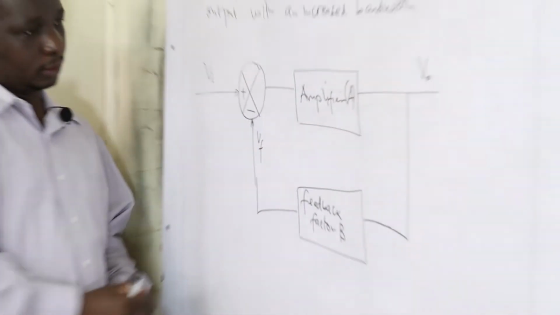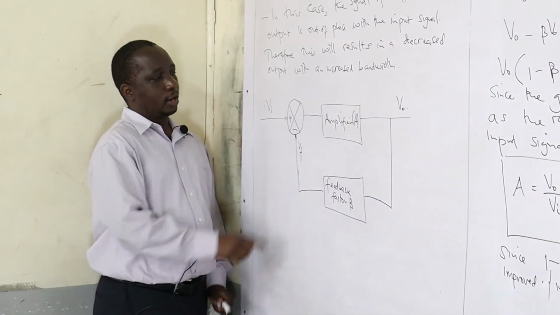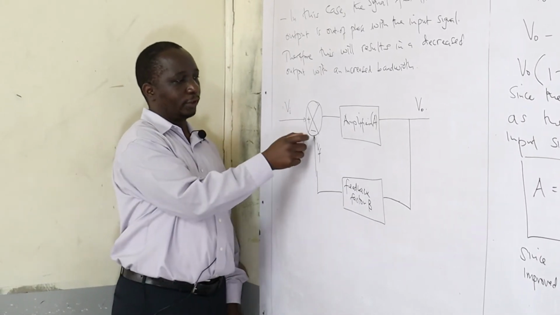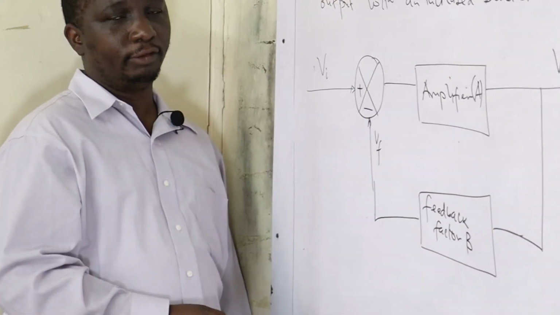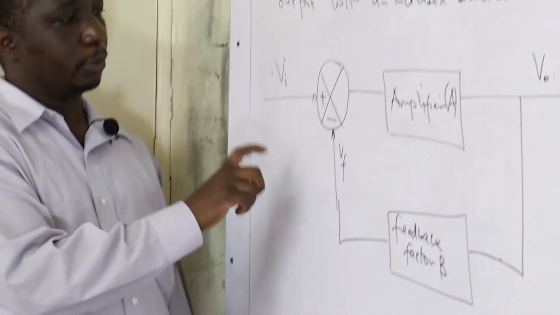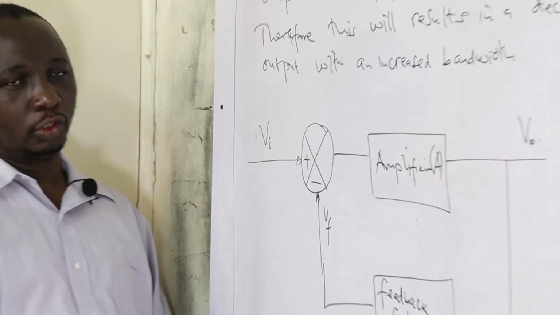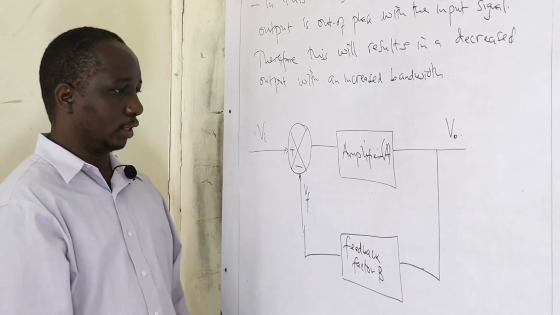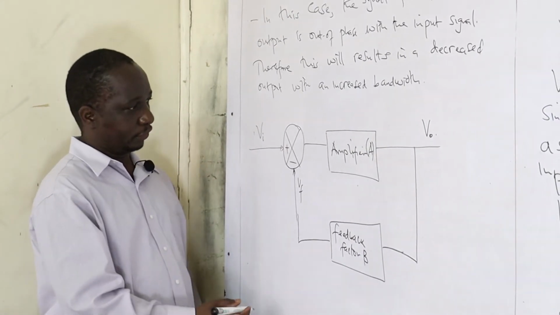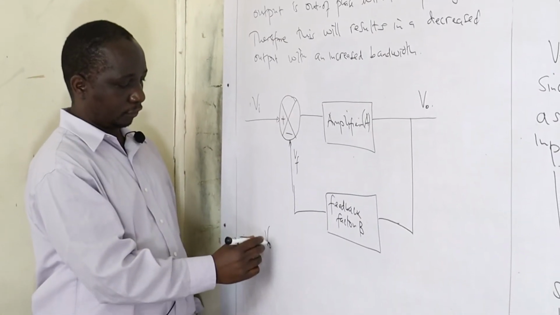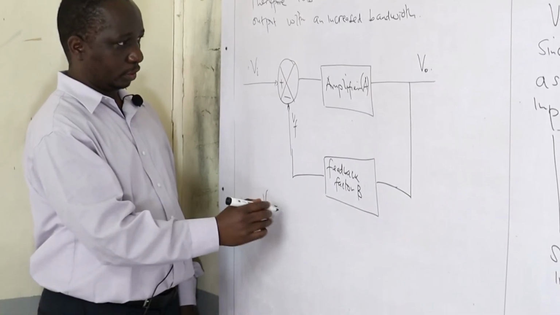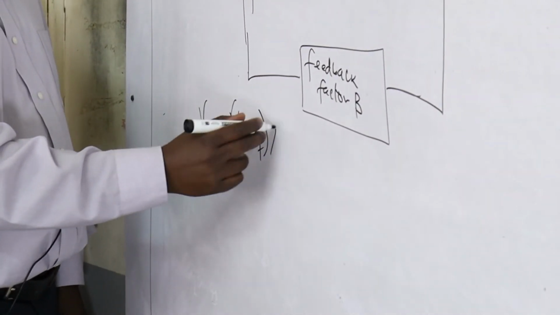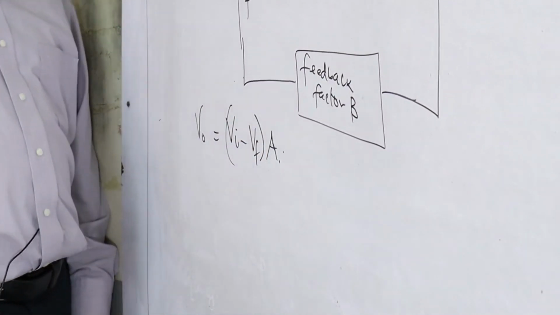So when you look at this diagram, this is a sketch. The signal being fed back, VF, is out of phase because it comes at a negative terminal and the input terminal is positive. So the signals will be against each other, and we shall have the expression. Our output voltage VO is supposed to be VI minus VF multiplied by the gain of the amplifier.